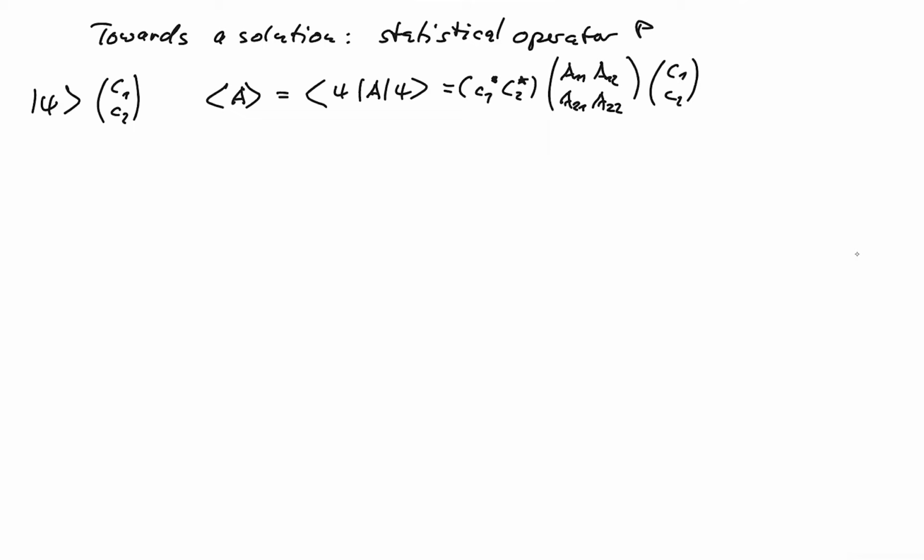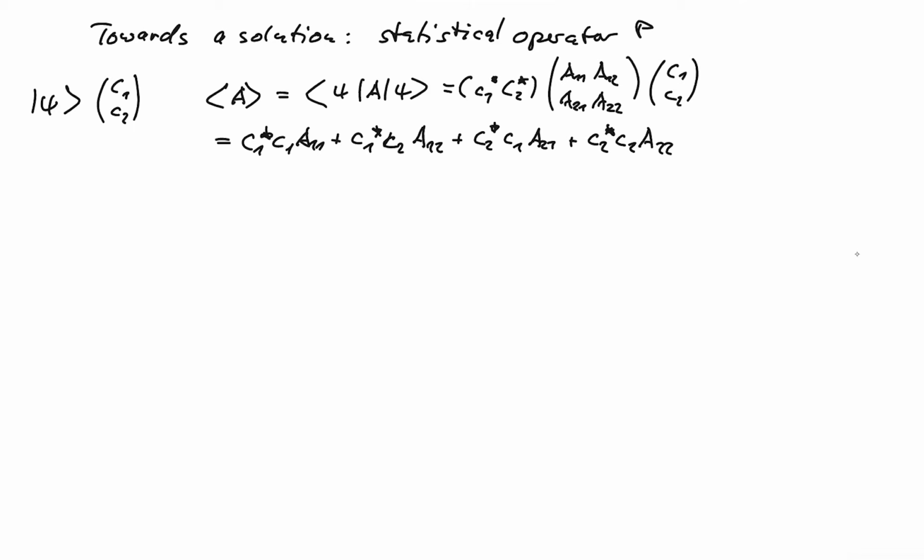And this equals simply C1 star C1 A11 plus C1 star C2 A12 plus C2 star C1 A21 plus C2 star C2 A22.